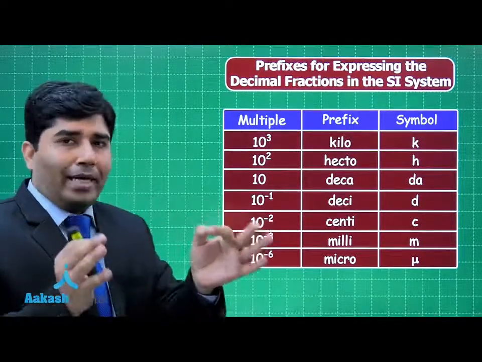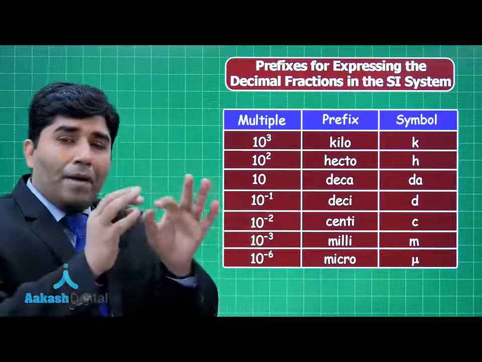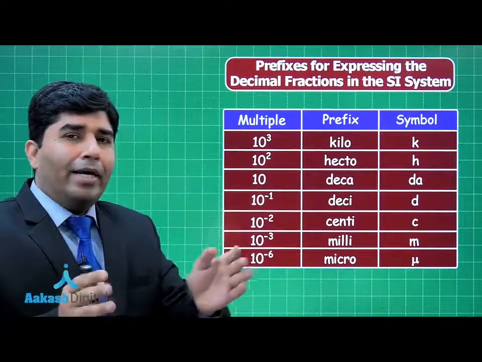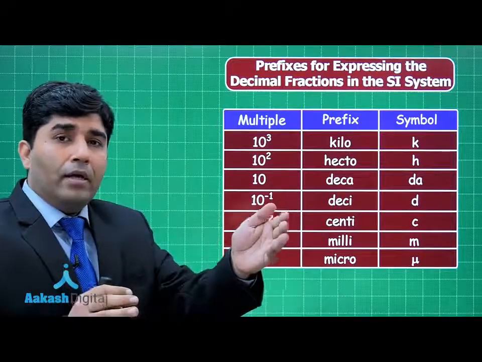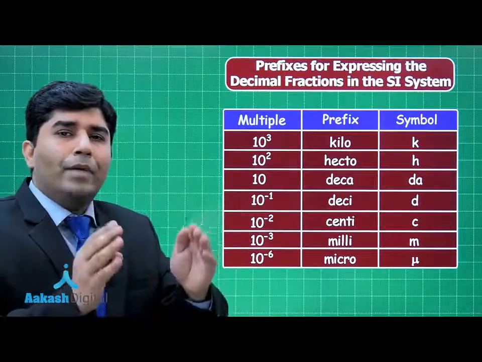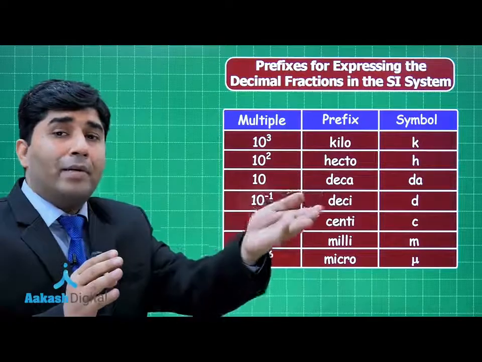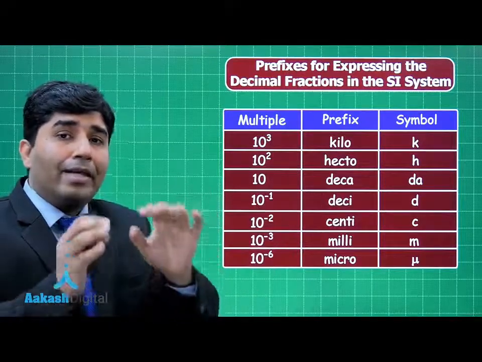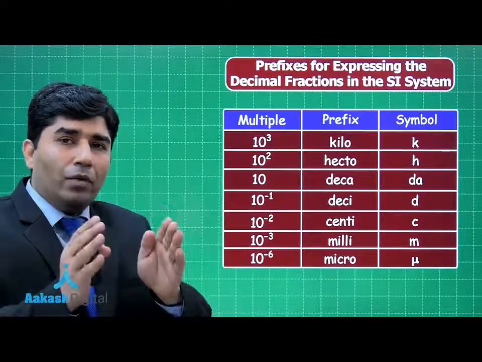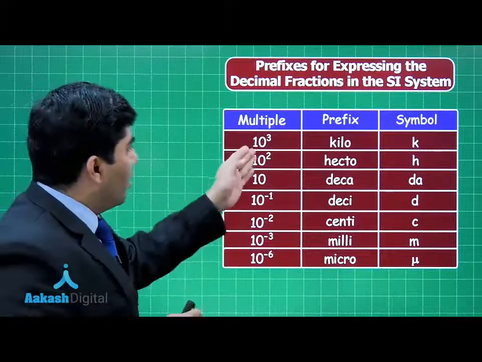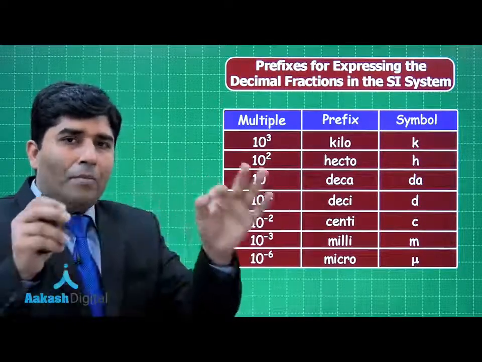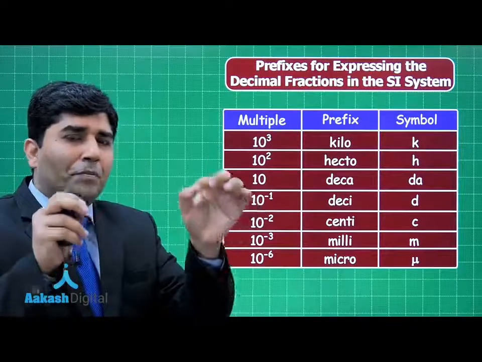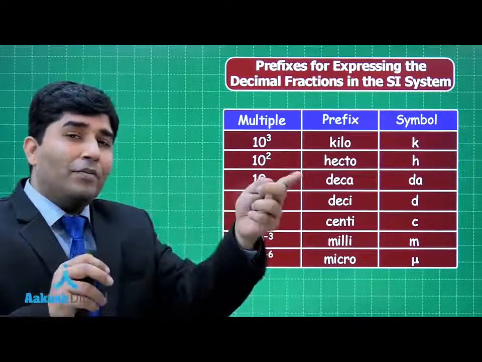Suppose I have a stick and I am measuring that stick in meters, right? There is one more stick and the length of that particular stick is 1000 times more than the stick I am having. So what will I do? I will use the prefix kilo.